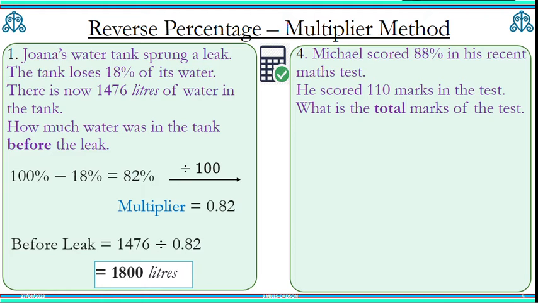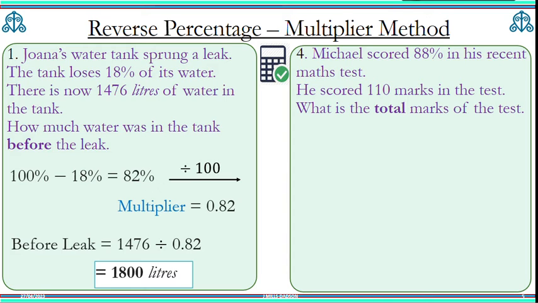Michael scored 88% in his recent maths test. He scored 110 marks in the test. What is the total marks of the test? Now the first thing we need to understand is that if someone scores 88% in a test, that means the person has lost 12% of the marks of the test.